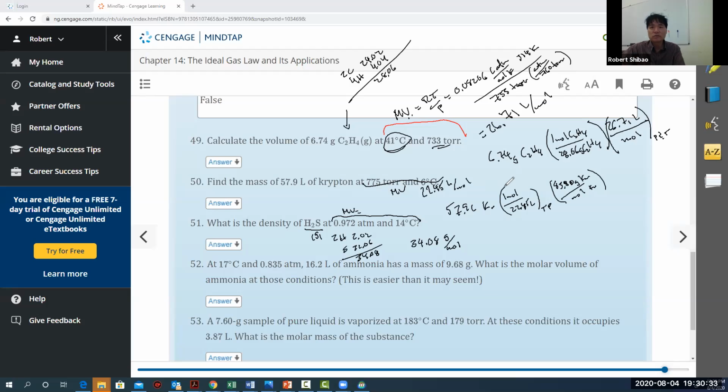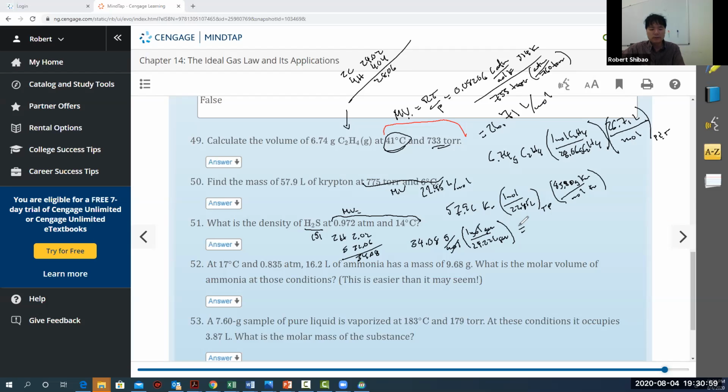That's 24.22. Okay, so we have here 1 mole of gas is 24.22 liters of gas. And so moles cancel, and that gives us grams per liter. Well, grams per liter is what we want.